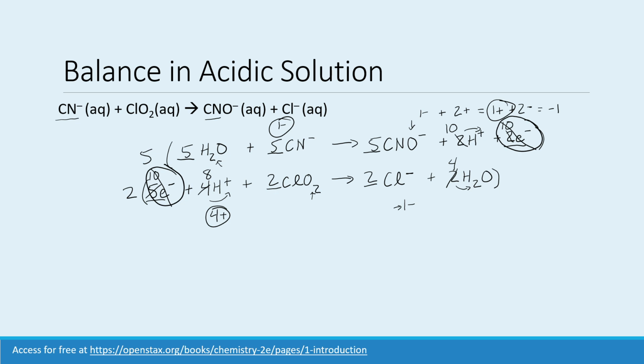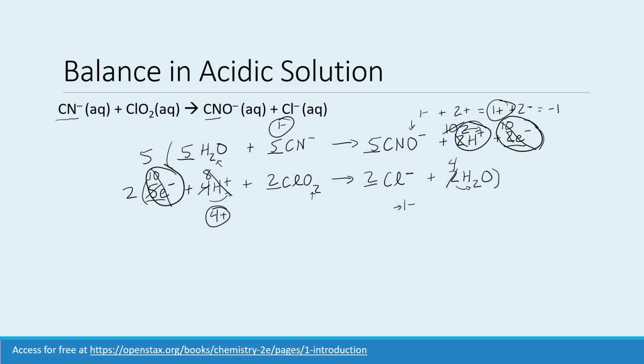Okay, also the hydrogen ions, right? I've got 8 hydrogen ions on the reactant side here, and I've got 10 hydrogen ions on the product side here. So that 10 will cancel, and I will have 2 hydrogen ions left.